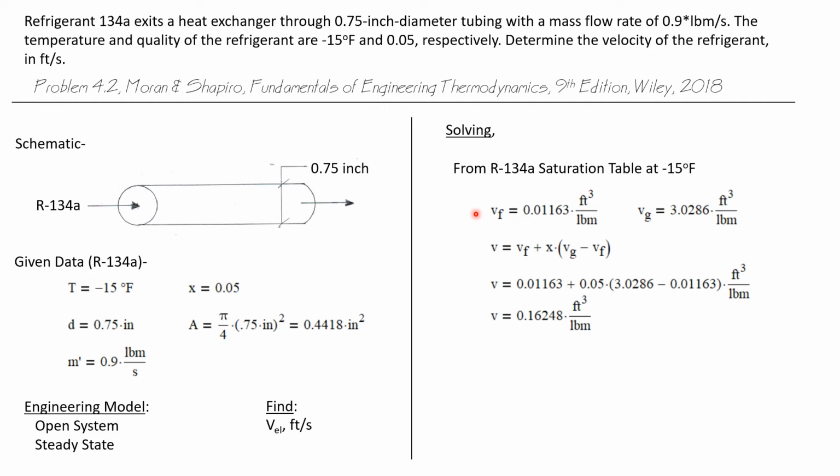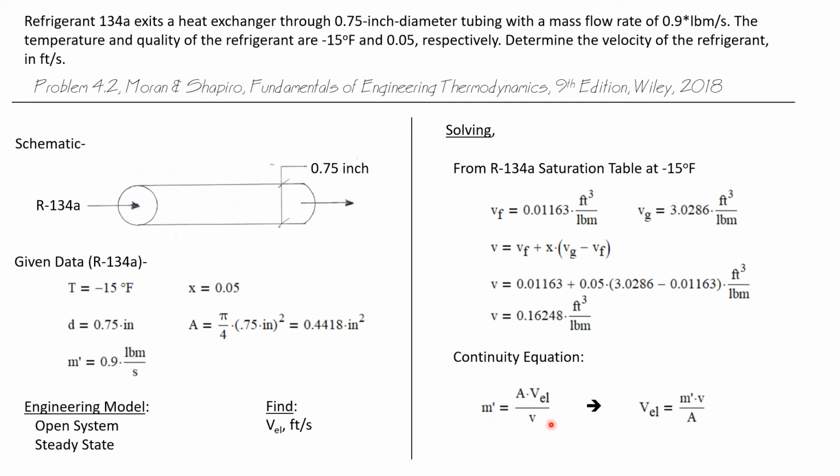Well, v sub f is the specific volume of a saturated liquid, and v sub g is the specific volume of a saturated vapor. So we can calculate now the specific volume of this mixture, which is just v sub f plus the quality times v sub g minus v sub f. So we have all of these values. We'll plug them into that expression, and we will calculate the specific volume of this mixture is 0.16248 cubic feet per pound mass.